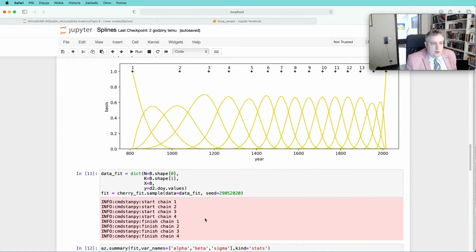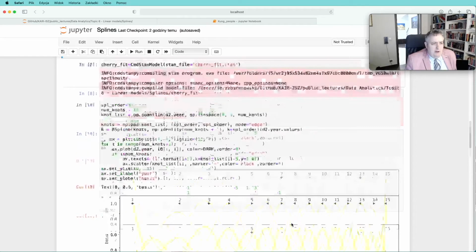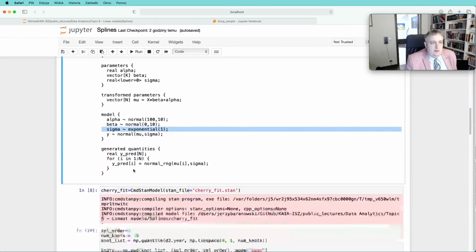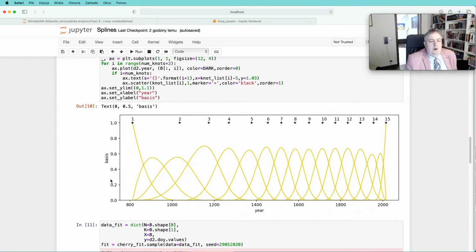Okay, so this will be the basis function. Our value is of course the day of the year, the day on which our cherries were blossoming. So we have less information on the older days and more information now, so here our basis functions are denser.